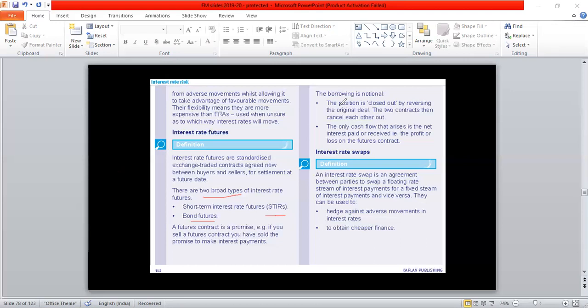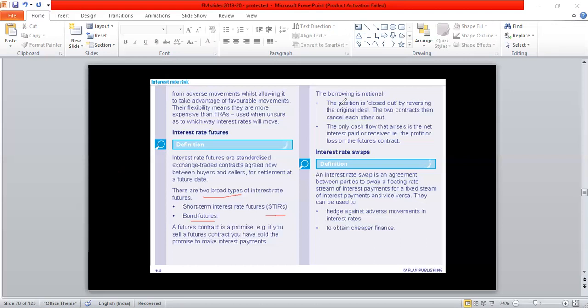They say that on 10 lakhs, whatever is the interest rate, the buyer will promise that he will make a payment to the seller at the end of the period based on the prevailing interest rate. So there is a fixed interest rate, there is a prevailing interest rate. The buyer will promise to make the payment at a fixed interest rate.